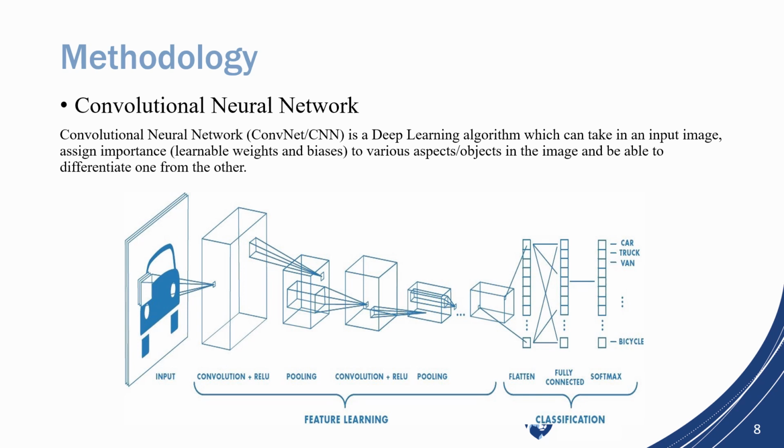While in primitive methods filters are hand-engineered, with enough training convolutional neural networks have the ability to learn these filters or characteristics. And usually when there is a problem that involves image identification, convolutional neural networks are used and have become the standard solution to deal with the identification.